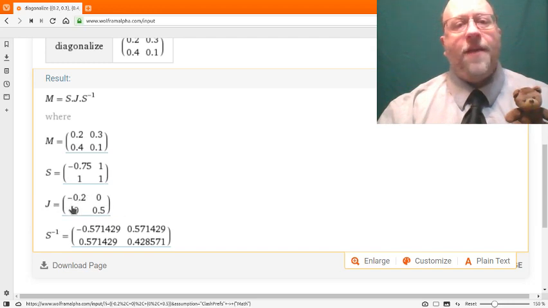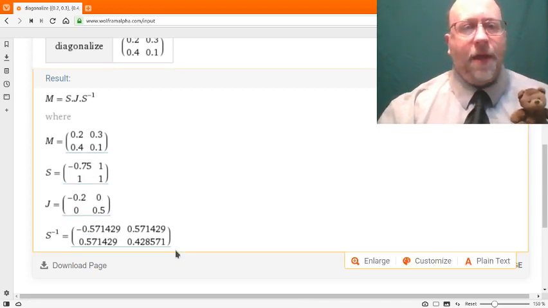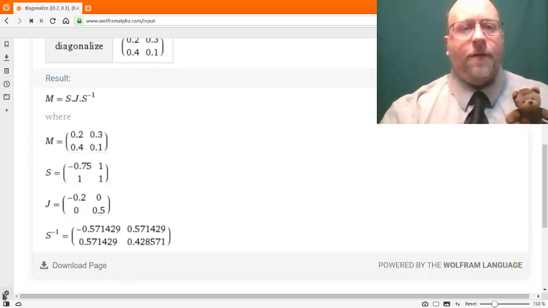This matrix contains your eigenvalues, and this matrix contains your eigenvectors. So our eigenvalues are negative 0.2 and positive 0.5, and these are our eigenvectors. Let's go back to the problem and see if we can make that work.